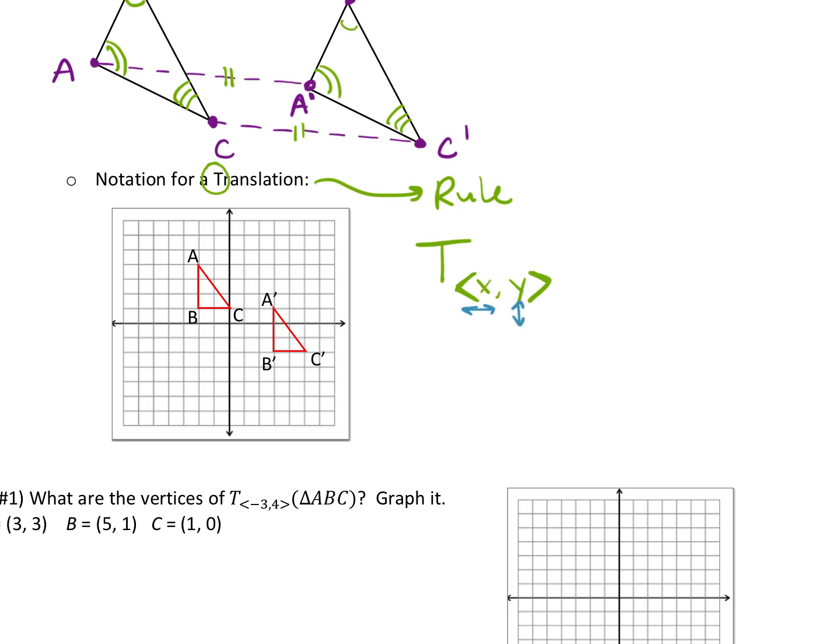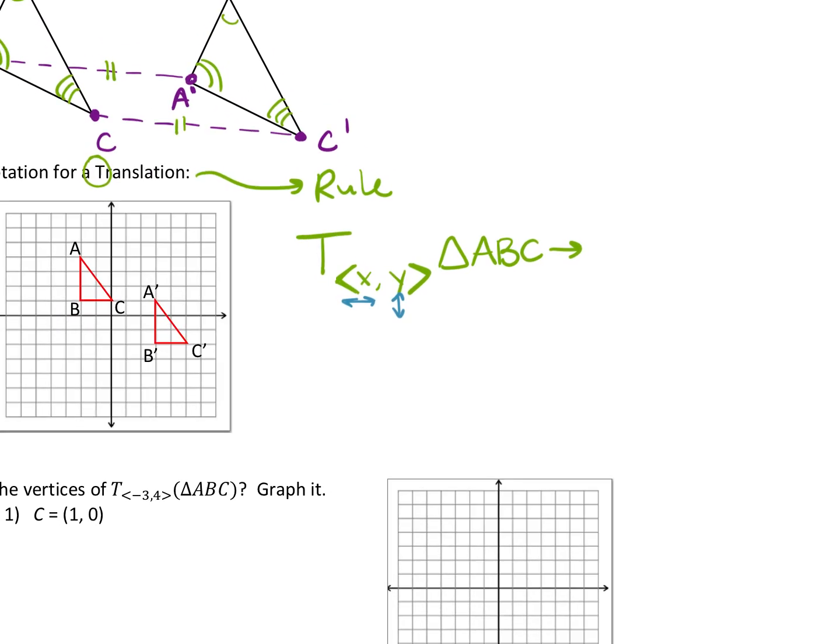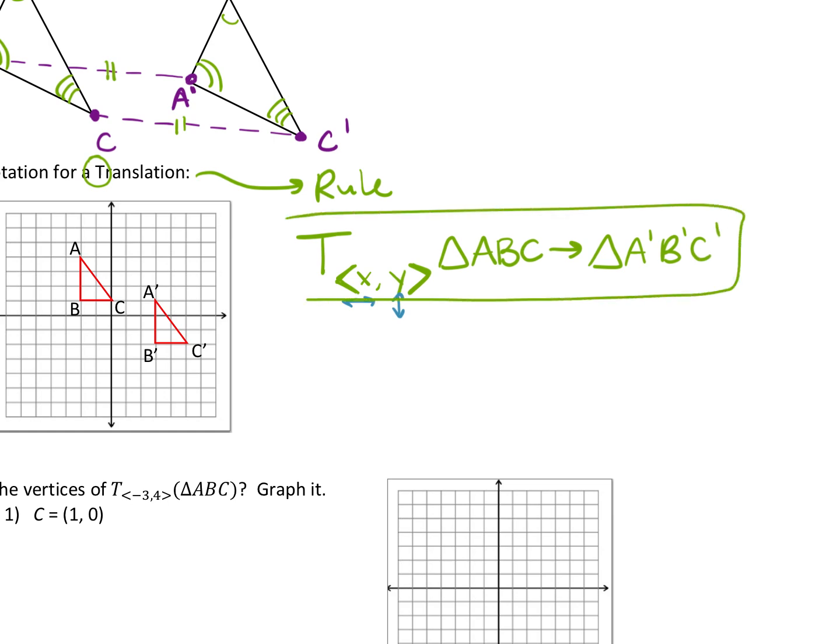This will be up and down. And then it's always the triangle that you're moving, so the original, the pre-image, mapped onto the new triangle, A prime, B prime, C prime, okay? So this is the general rule.